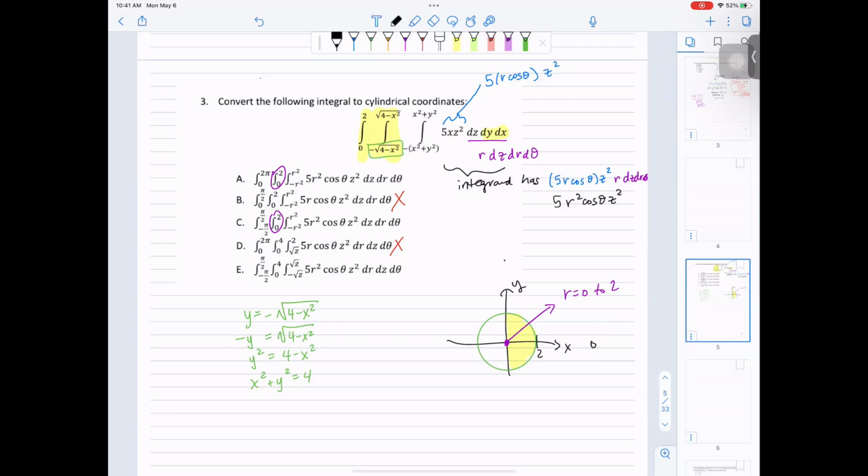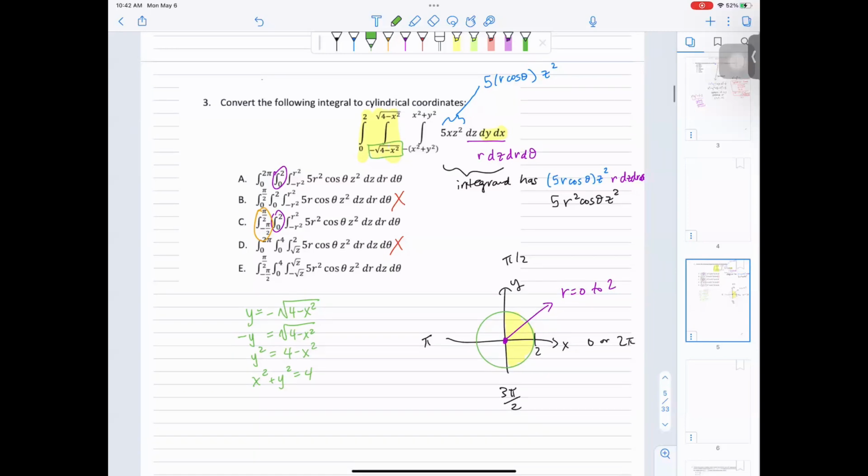It goes 0, pi over 2, pi, 3 pi over 2, 2 pi, right? Where does this shaded region live? It lives in negative pi over 2 to pi over 2, which is this option. And actually, C is the correct choice. Let's look at what the z bounds are.